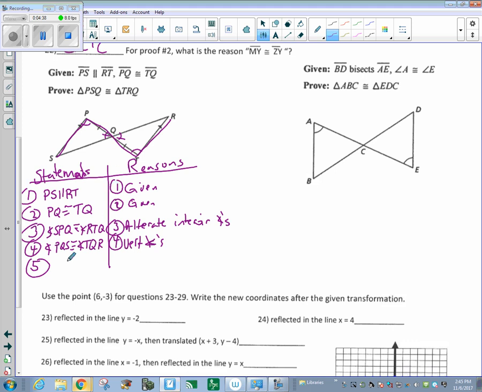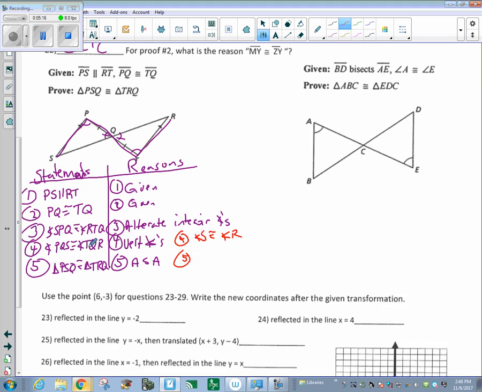So there's a little variance of why we can prove these triangles congruent, and it's kind of left up to you how you see it. So if you saw it as angle side, that would be okay. If you saw it as angle side angle, that would also be okay for this one. And so how this would change the proof, and I'll write it in a different color, is that for step 4, we could have said for our reason that angle S is congruent to angle R, and then step 5, the reason would have been the same reason as vertical angles.